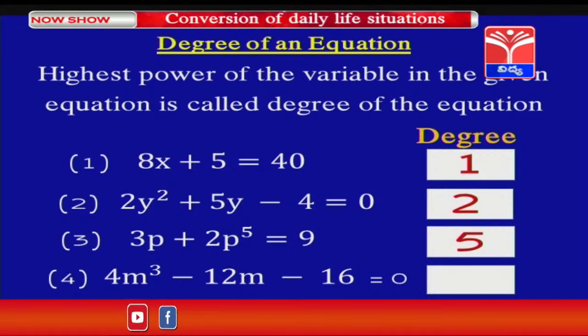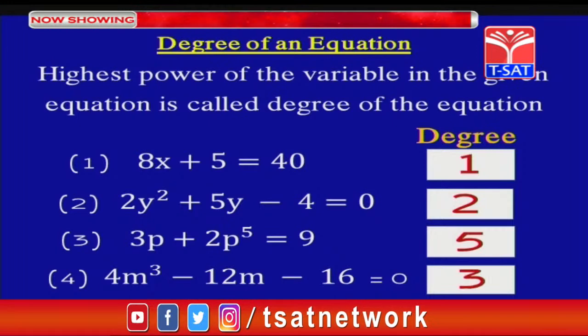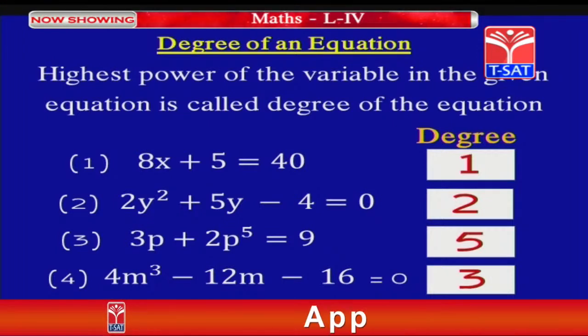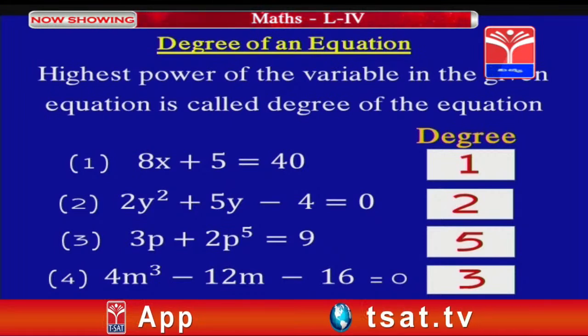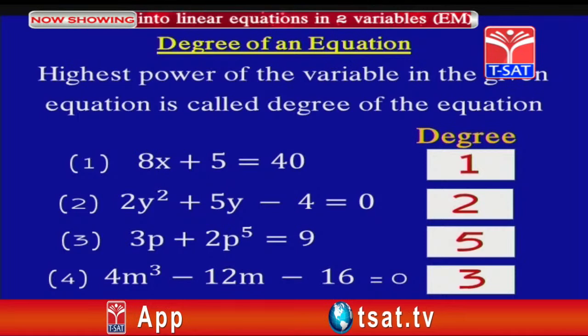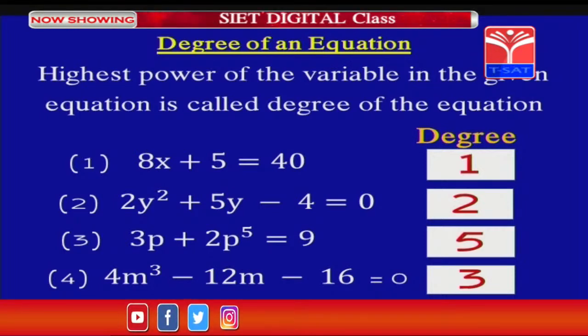Now, tell me what is the variable here? m is the variable. So, the exponent of the variable m is 3, highest power is 3. Therefore, it is a third degree equation. Like this, we will find the degree of the equation.